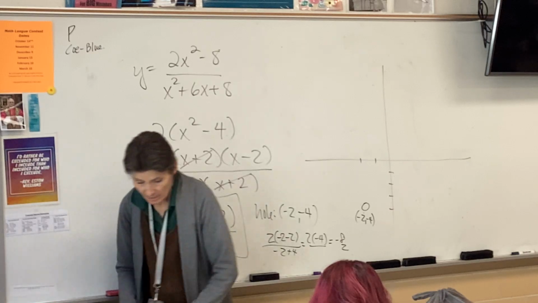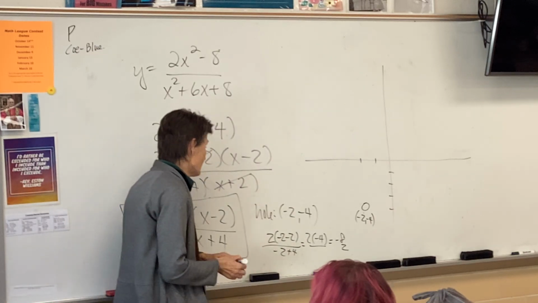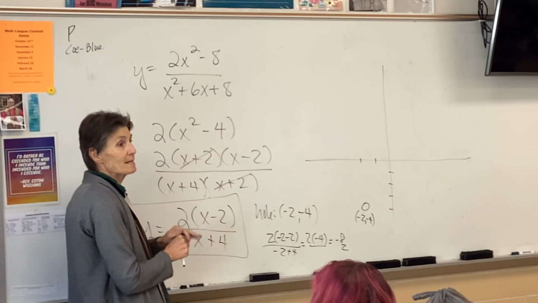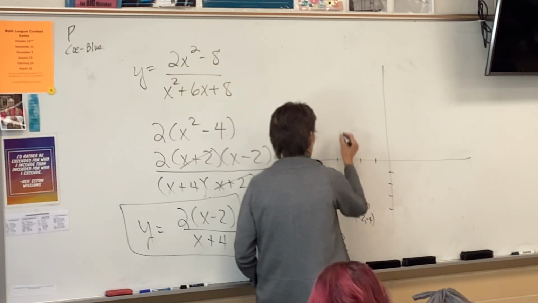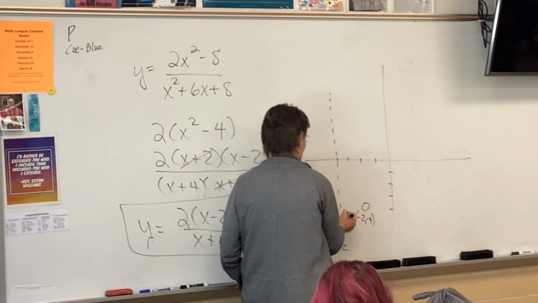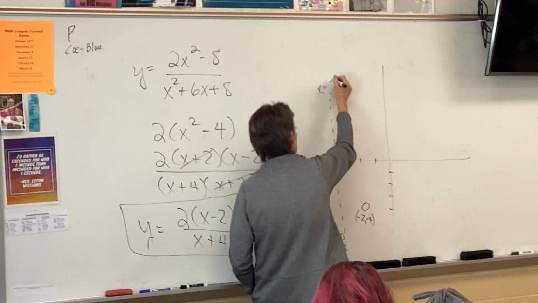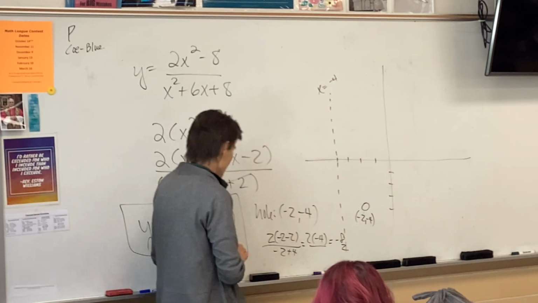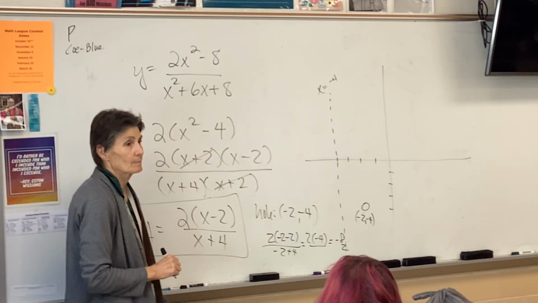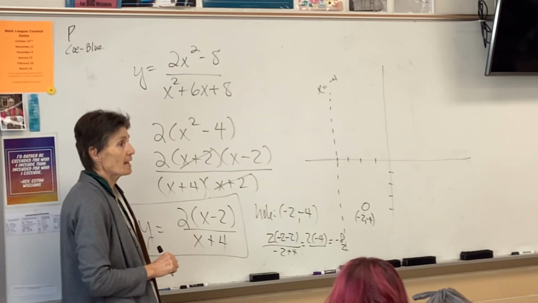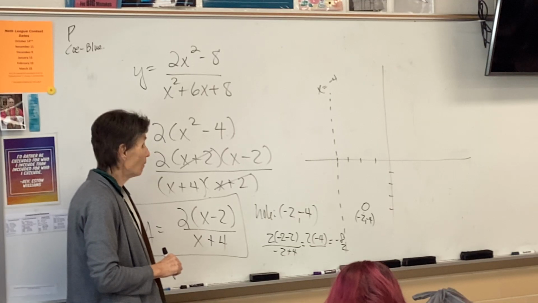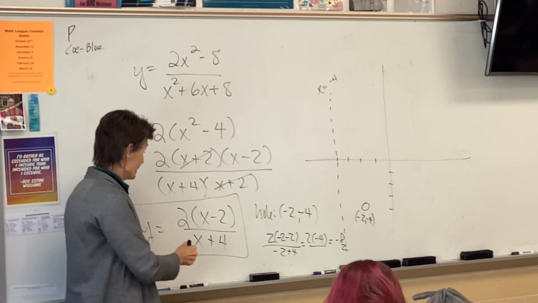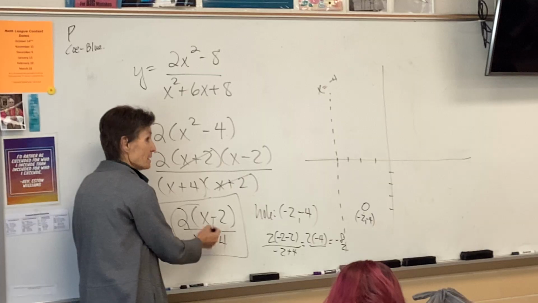All right, my friends, what did you come up with? Did you find a vertical asymptote? X equals negative 4, because vertical asymptotes come from the denominator. Did you find a horizontal asymptote, Joseph? This time it's 2, right?